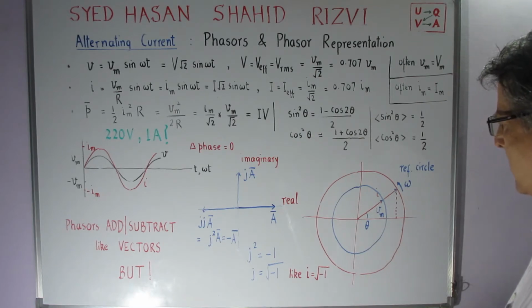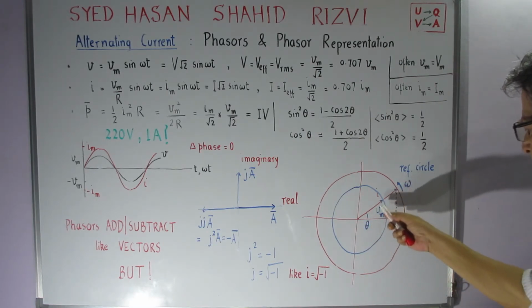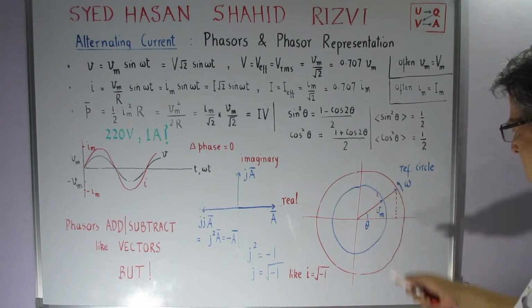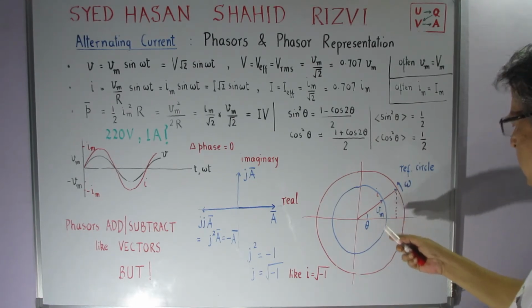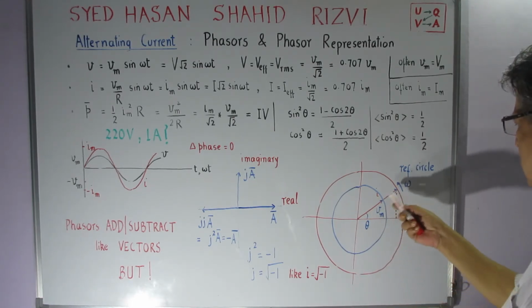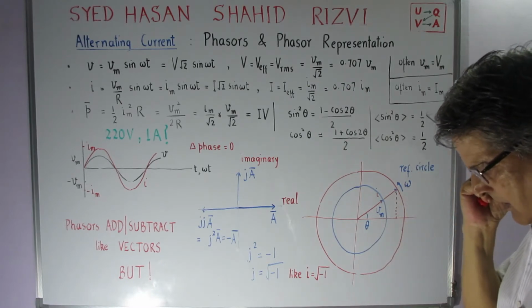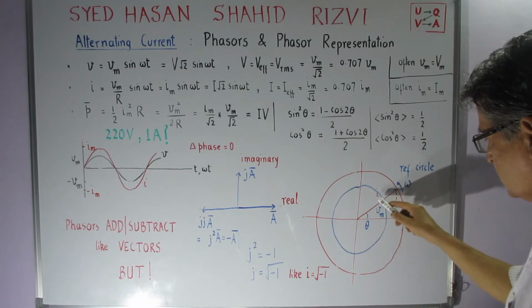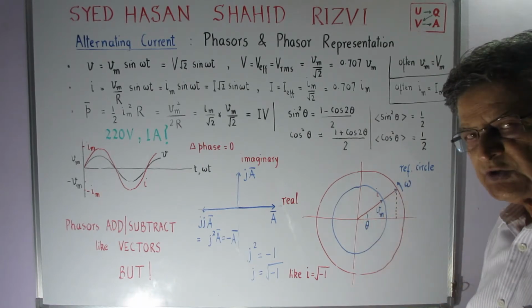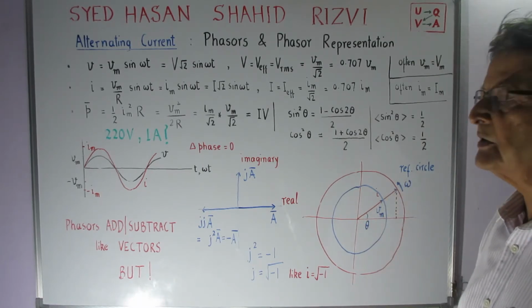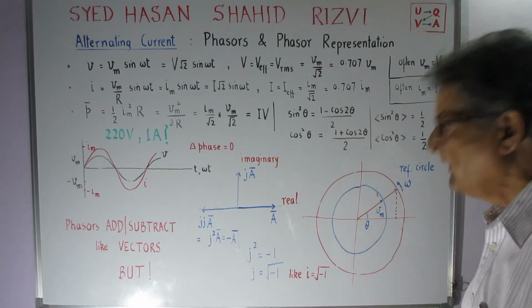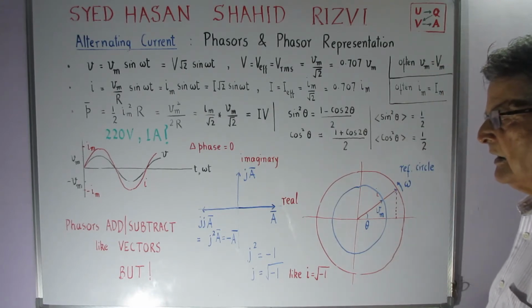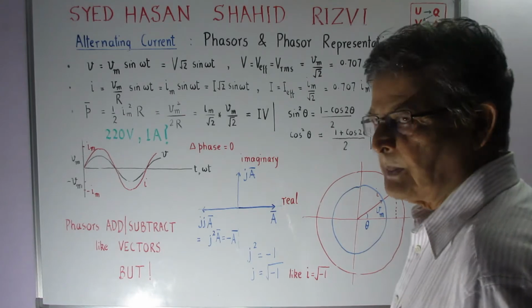Now these quantities I and V appear to be vector quantities, because I have put a sign like this and a sign like this. They are not vectors, they are rather scalars.